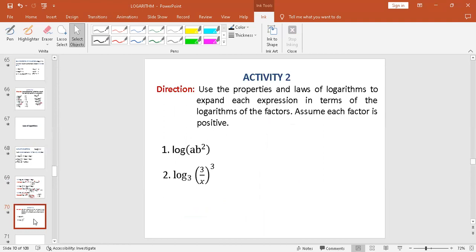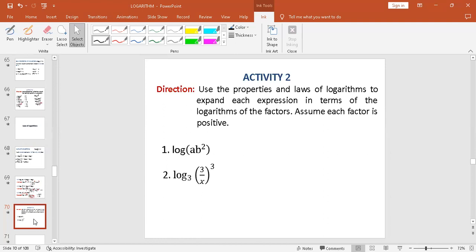Okay, pagkatapos mong pahabain yung logarithmic expression, isi-simplify mo. Okay, pag sinabi naman condense, from its expanded form, isi-simplify mo. Okay, so ngayon, I'll give you some examples on how to expand. So mag-expand muna tayo ngayon.